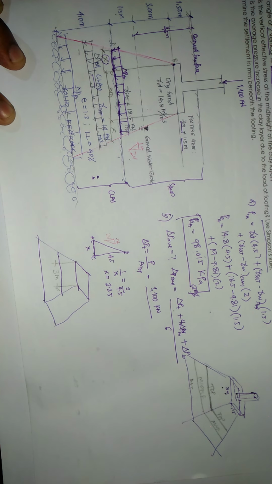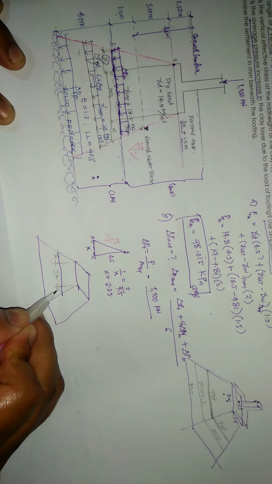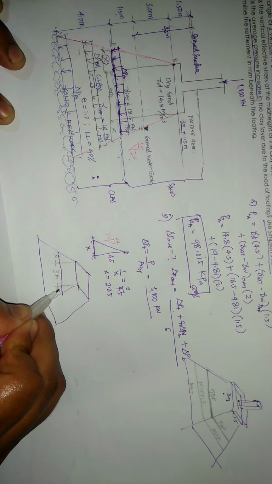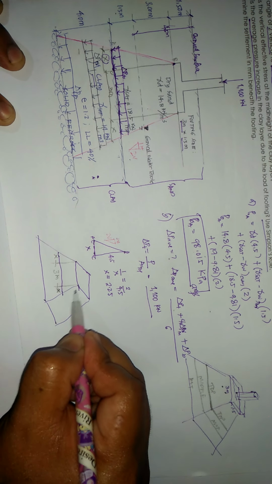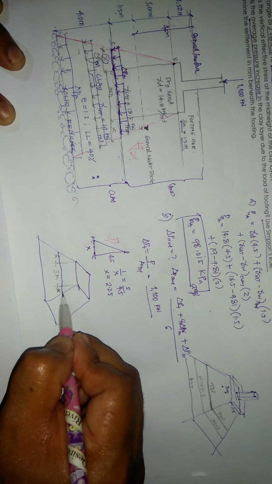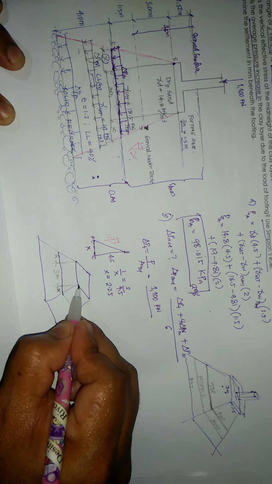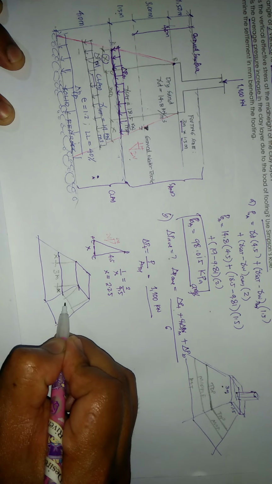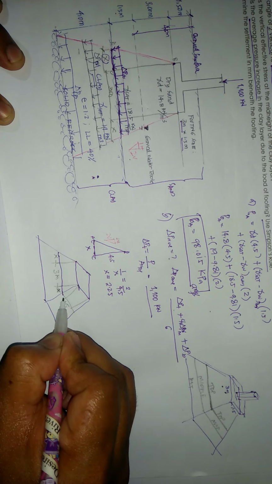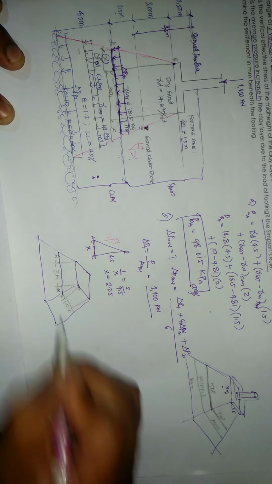This one is 3 meters. And then, ito yung x natin, and this one is also your x. So, dito naman sa portion na to, ito yung magiging 1.5 mo, and then x, and then x.